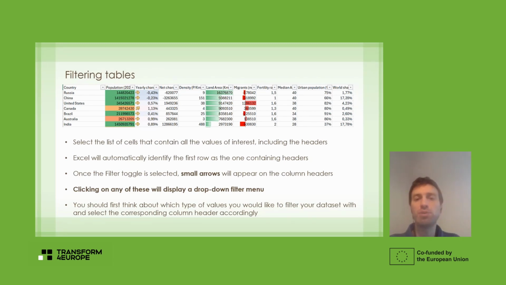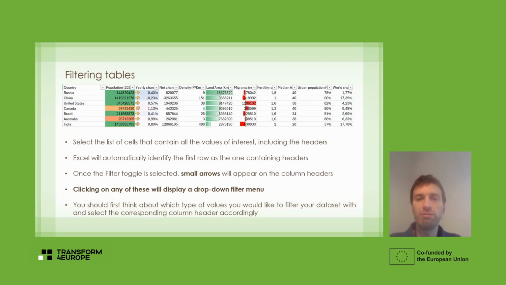So first of all, it's important that you select beforehand the area of the table you're interested in filtering, okay? And you need to make sure that this area also includes headers. So the first row, by definition, will be identified as the header row by Excel.